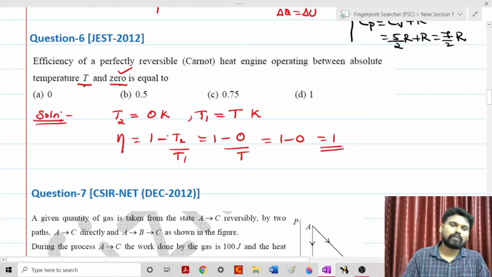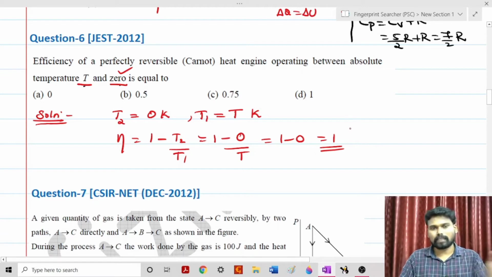But the second law of thermodynamics, the Kelvin Planck statement, says that is never possible, because we cannot attain 0 Kelvin. It is the lowest temperature. So an engine cannot have efficiency 1, or 100% efficiency is not possible. That is the Kelvin Planck statement of the second law of thermodynamics. So this is the correct option.